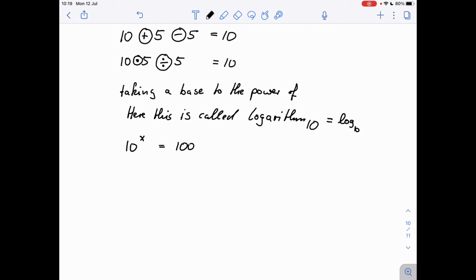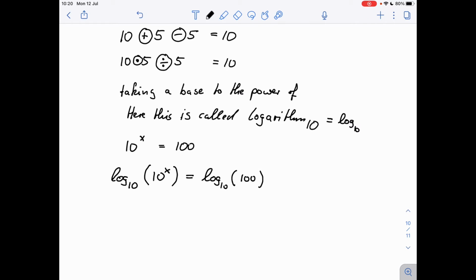So, to find this x, we take the left-hand side of our equation, log 10, and we usually write that with brackets. So we've got log 10 of 10 to the power of x equals log 10 of the value 100. That is how this would look.